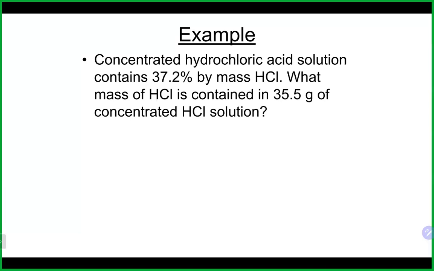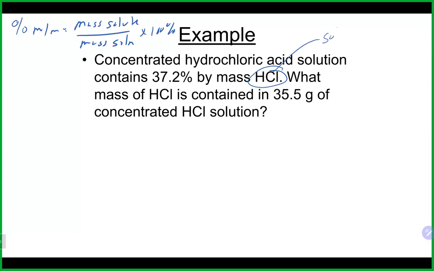Again, we're doing percent mass to mass, so we could use our formula here if we like. One option: it's going to be our mass of our solute divided by the mass of the solution times 100%. Here we have a 37.2% by mass HCl solution. Remember that the name of the solution is the solute. And that means that if I'm looking for how much HCl, I am looking for how much solute.